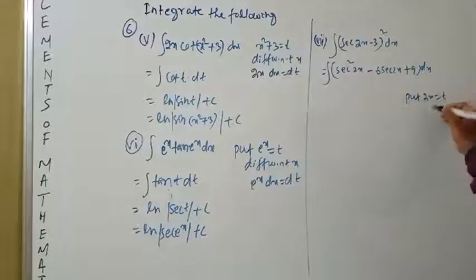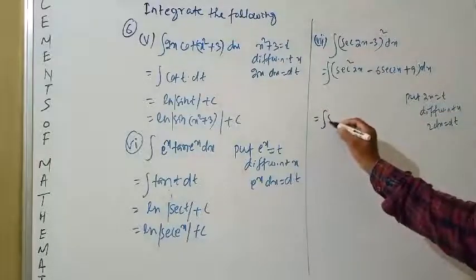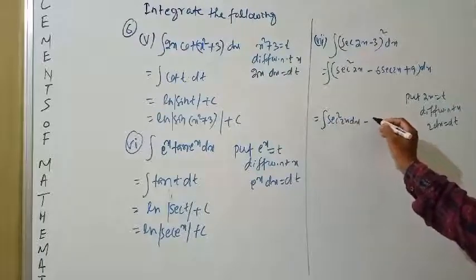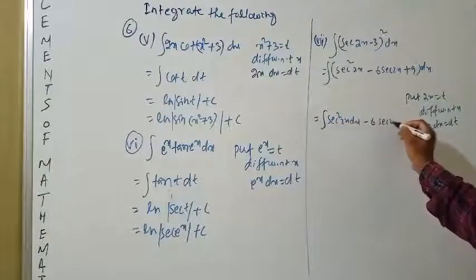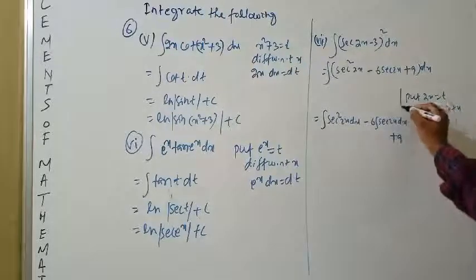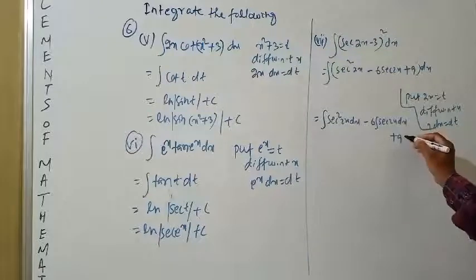Now put 2x = t. Differentiate with respect to x: 2 dx = dt. Separate it: integration of sec^2 2x dx minus 6 integration of sec 2x dx plus 9 integration of dx.